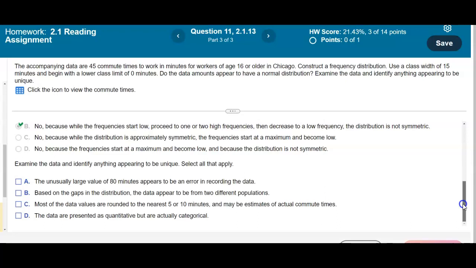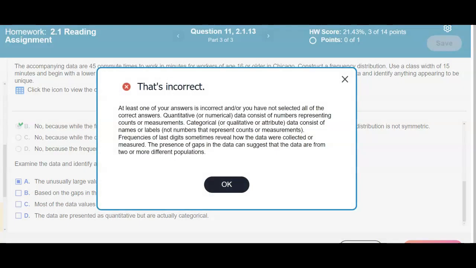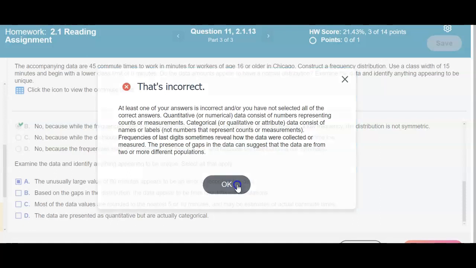That's not true. And the data are presented as quantitative, but are actually categorical. That's not true. We do have a value that's 80 minutes, so we would say that is an unusually large value, and we're going to select A. But that is not our only answer, because it says at least one of your answers is incorrect, or you have not selected all the correct answers.